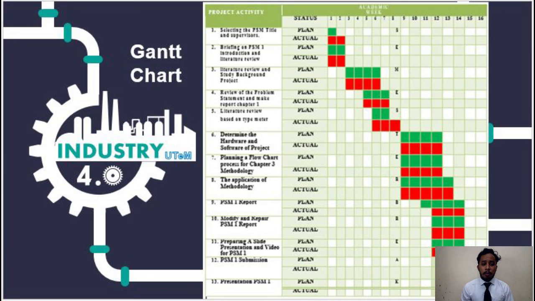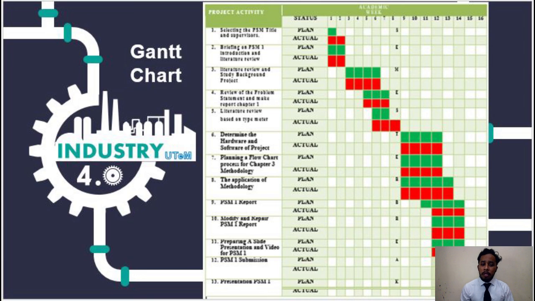Number 4, review the problem statement and write the report chapter 1. And week 5, literature review based on the type of meter. And number 6 is to determine the hardware and software of the project.